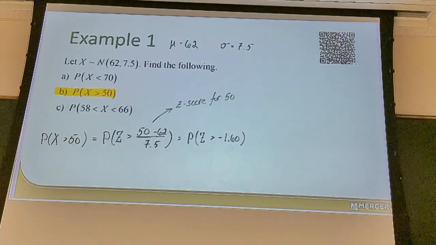But the table gives area less than, right? This is greater than. Remember what we did. If you wanted an area greater than from the table, what do we have to do? One minus what?